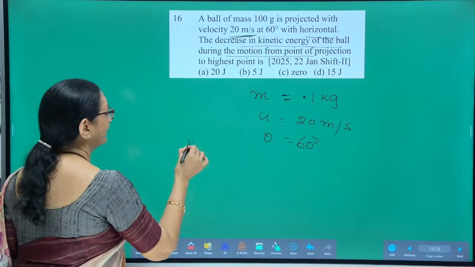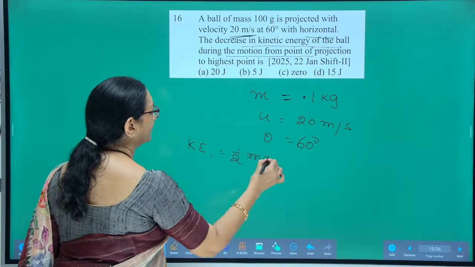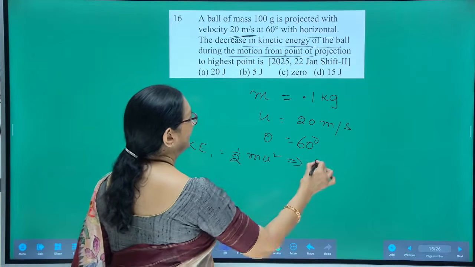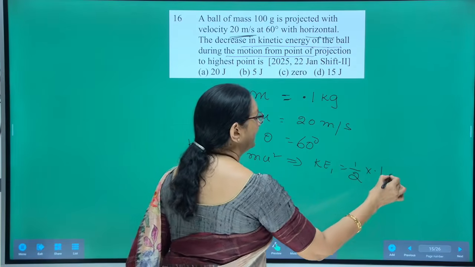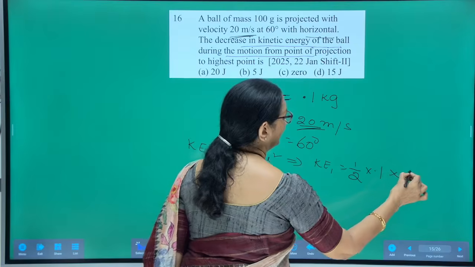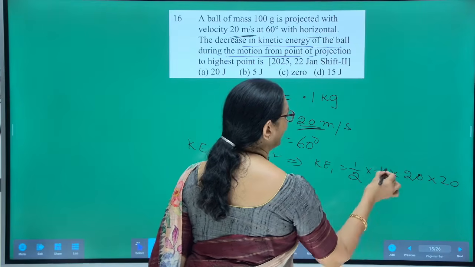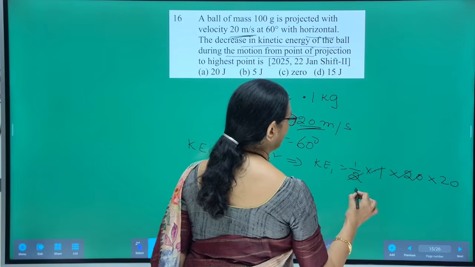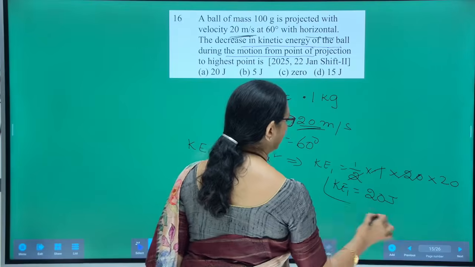At the point of projection, initial kinetic energy is half m u square, half into 0.1 into 20 into 20. So, initial kinetic energy is 20 joules.